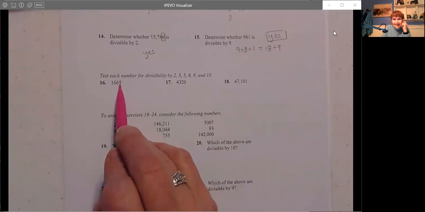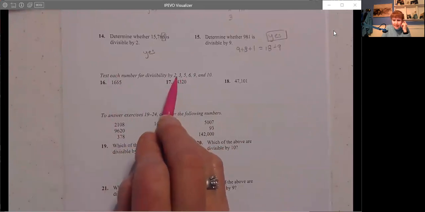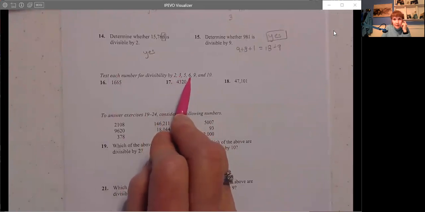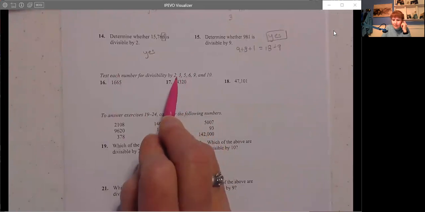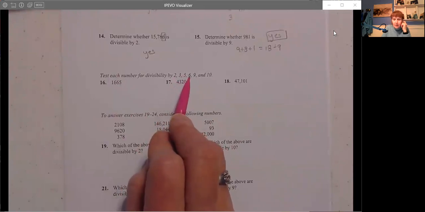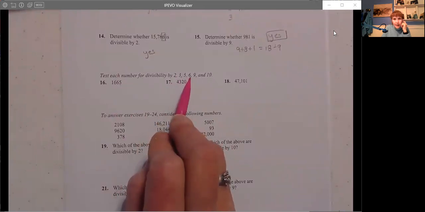Well, this digit is not 0, 2, 4, 6, or 8. So it's not 2. And if it's not 2, it cannot be 6, because for 6 you have to have both 2 and 3. So answering some of these earlier ones helps you to answer some of the later ones.